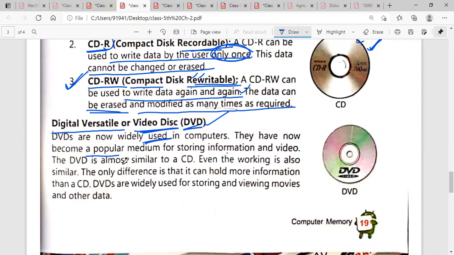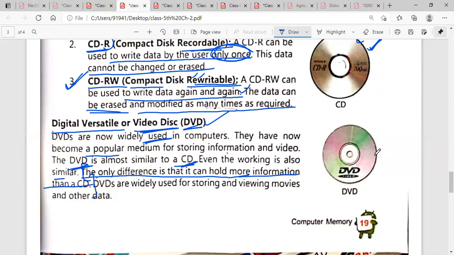DVD is almost similar to CD. The function of DVD and CD is almost the same. Even the working is similar. The only difference, underline this line, is that it can hold more information than CD.